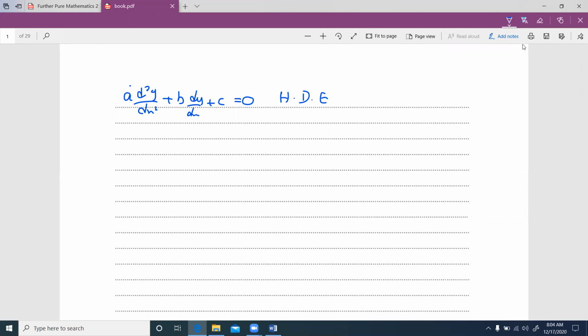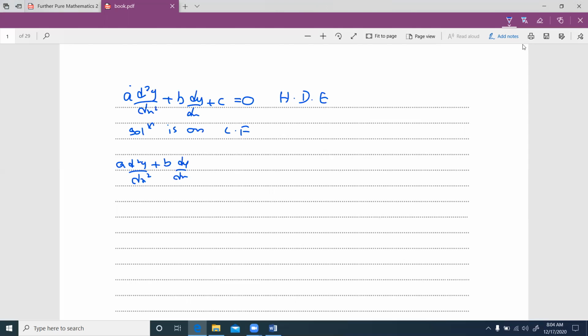For this one, you have only a complementary function, so the solution is only the complementary function.